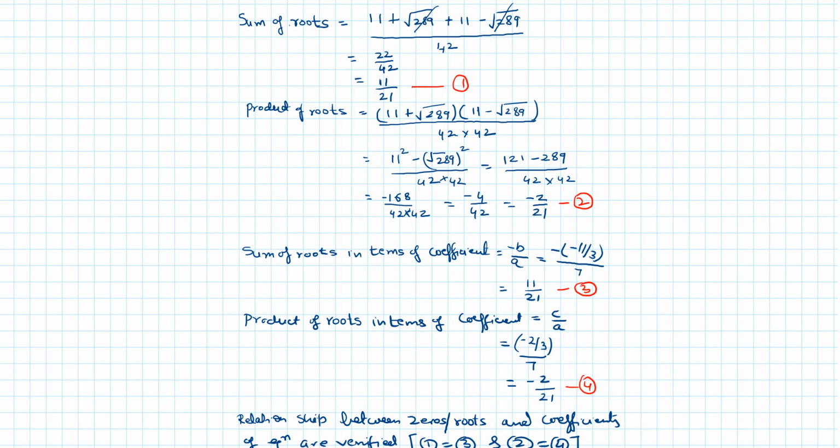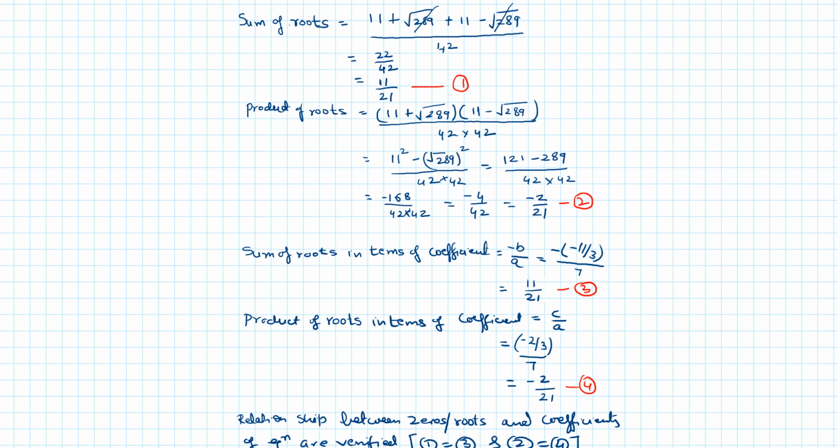So we know the sum of the roots in terms of coefficients is minus b upon a. If we take minus b upon a looking at the quadratic equation, we get 11 upon 21. Similarly, the product of the roots in terms of coefficients is c upon a. When I am talking about minus b upon a and c upon a, our quadratic equation is ax square plus bx plus c equal to 0.